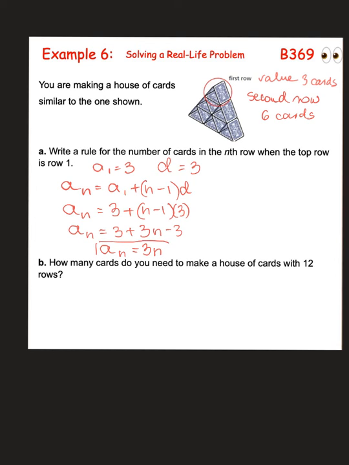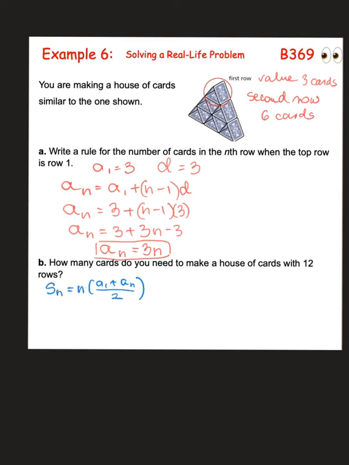The next part of the question is asking us: how many cards do you need to make a house of cards with 12 rows? Our sum formula is S of n equals n times the first term plus the nth term, divided by 2.